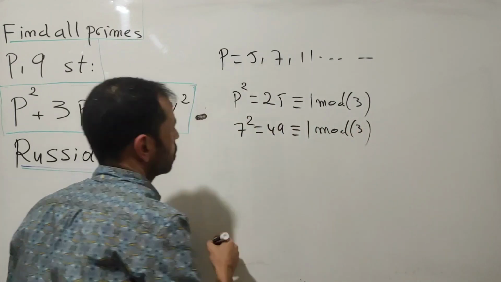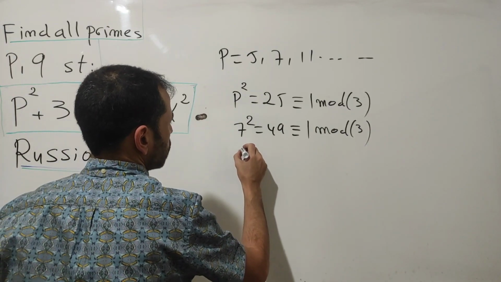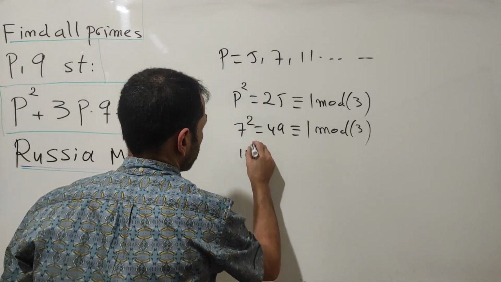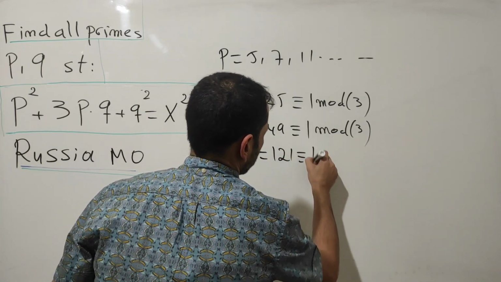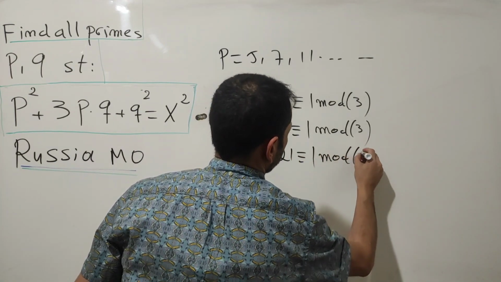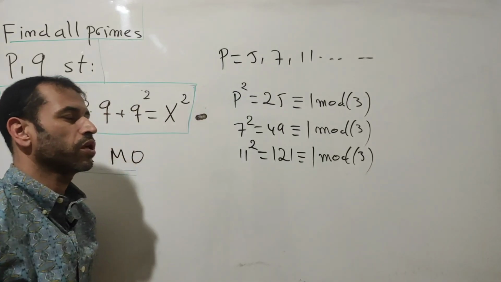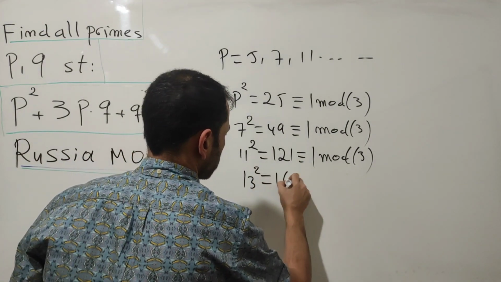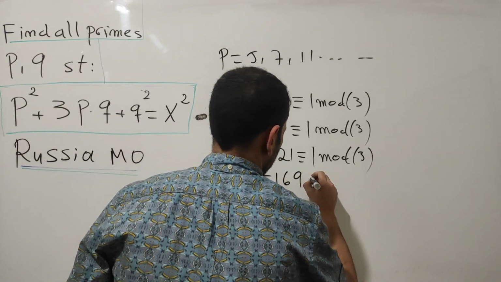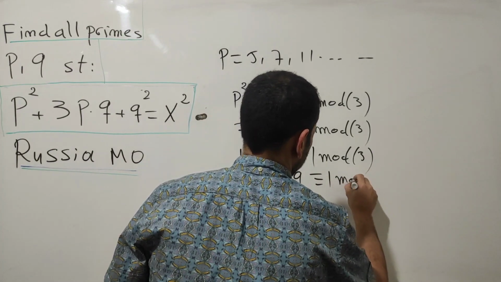Always. Let's take 11 squared, which is 121. Always you get a remainder of 1 mod 3, because 120 is divisible by 3. Take 13 squared, which is 169. Always you get 1 mod 3.